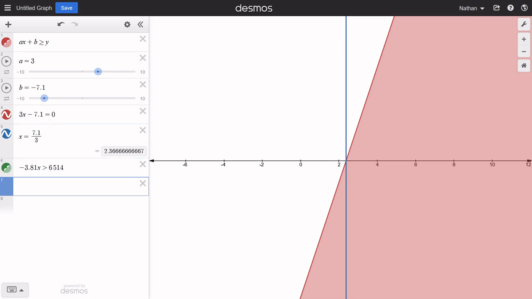So in this case, the solution is going to be x is less than 6514 divided by negative 3.81. I flipped the inequality so that when I divided by that negative, I flipped the inequality there. So this is the correct solution, and we can see that if we zoom out enough, let me turn off this stuff.